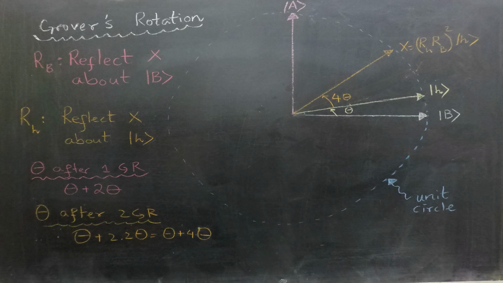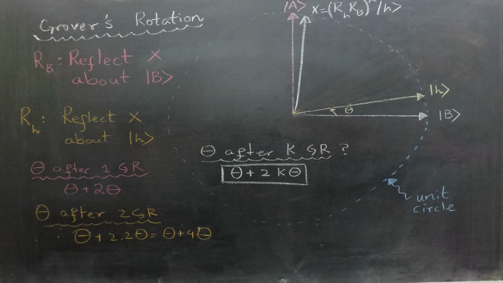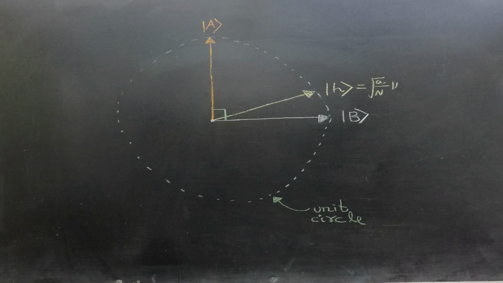Thus, after k Grover rotations, theta will be theta plus 2 times k theta. Please remember this, as we will be using it next. Let's calculate the value of theta. As stated previously, we can write ket H in terms of ket A and ket B.